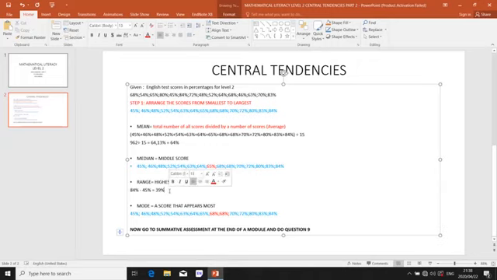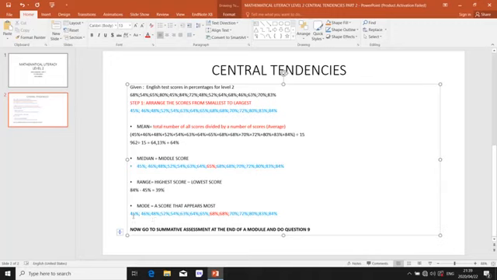Then let's move to the last central tendency, which is the mode. What does the term mode mean? It means the score that appears most, in other words, the score that appears many more times than the others. It may appear 5 times, it may appear 3 times, while others appear far less than that number.